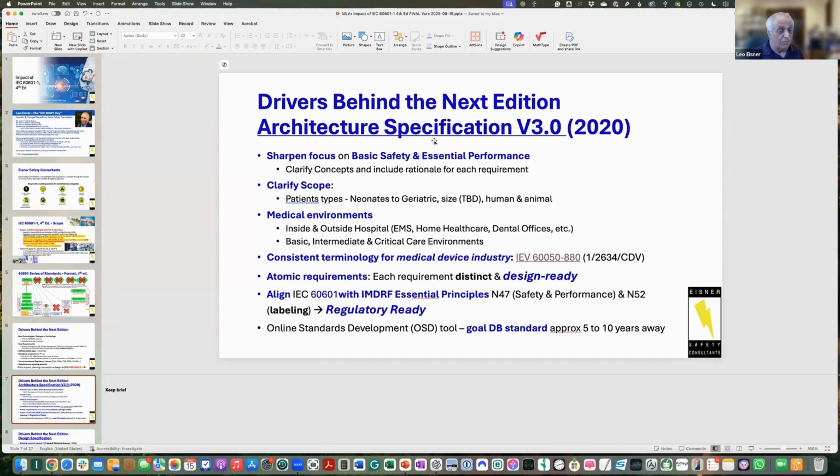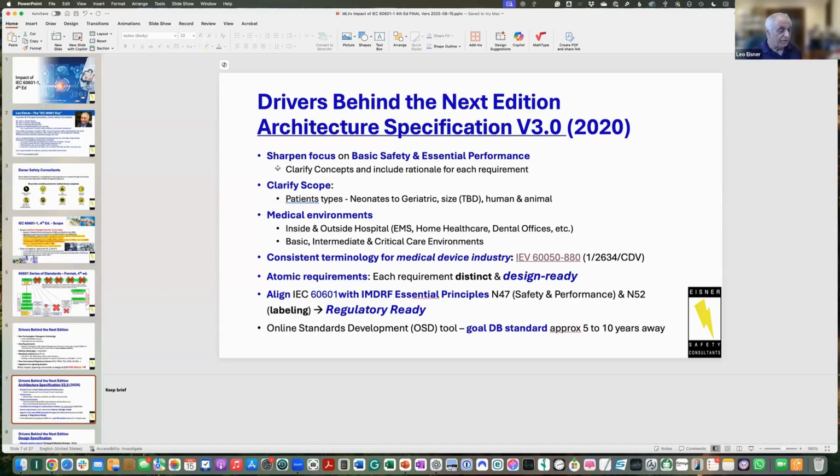So the architecture specification is one of the guiding documents for this project, just like the design specification in the next slide. So it's something that was written by either the technical committee or the subcommittee. I always forget which one, which is our leadership for the 601 series of standards.